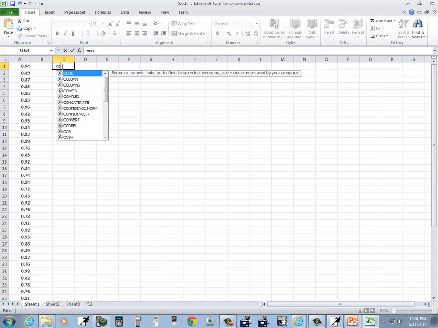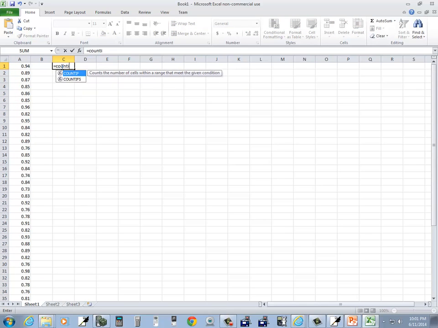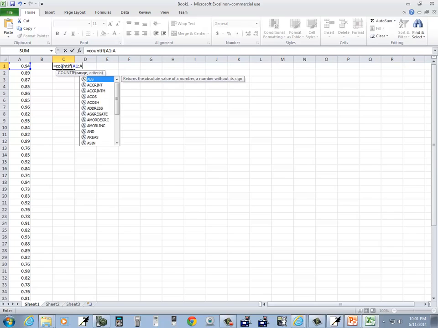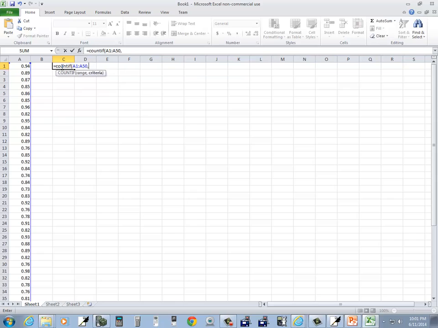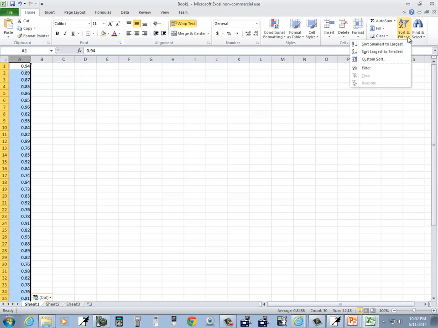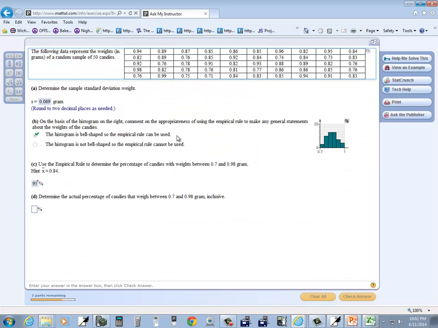I do equals COUNTIF, range A1 through A50, comma, criteria. Then sort it, smallest to largest.